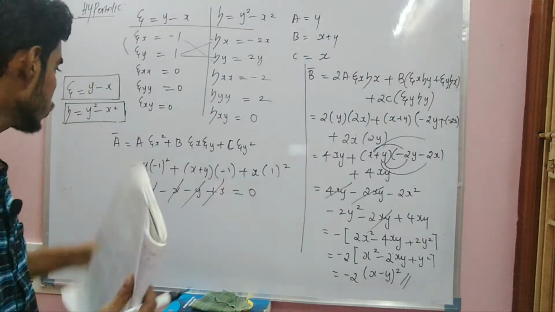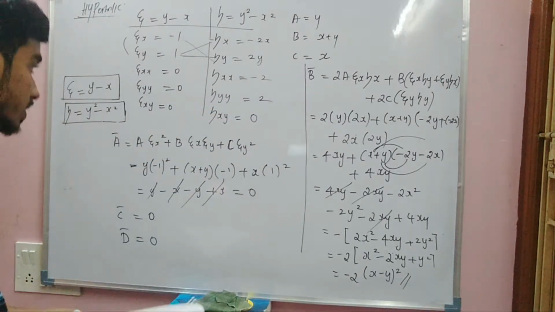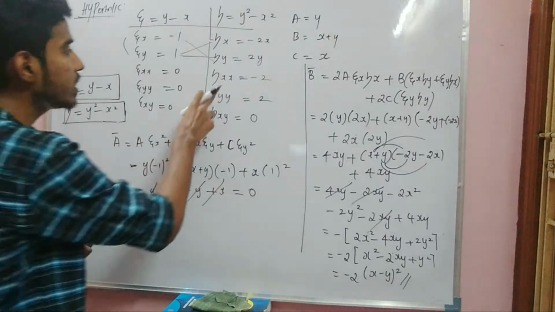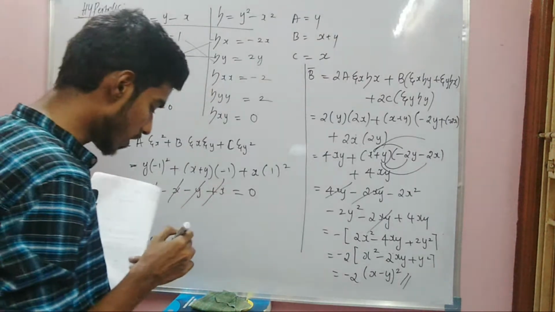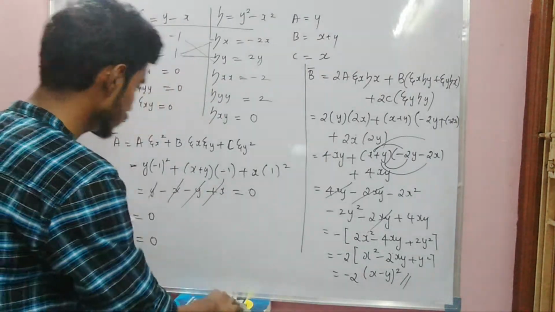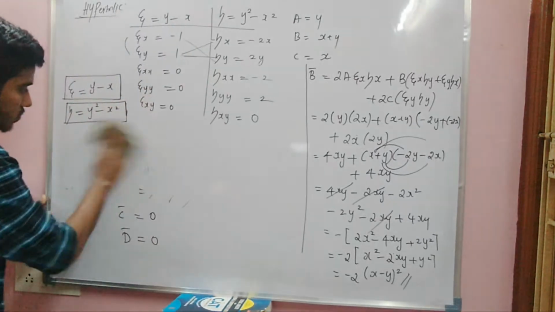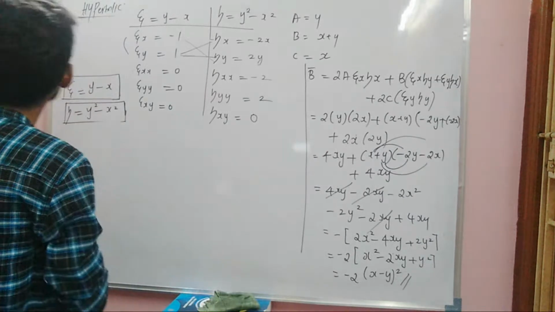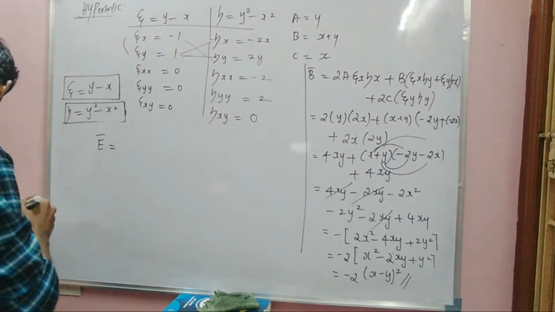Now we have found A bar, B bar, C bar, D bar. Now we will find E bar. We need to find E bar because in E bar we have eta xx and eta yy. So what is the formula for E bar?